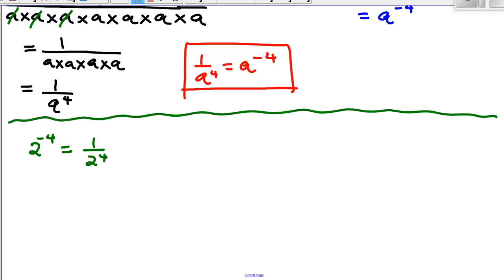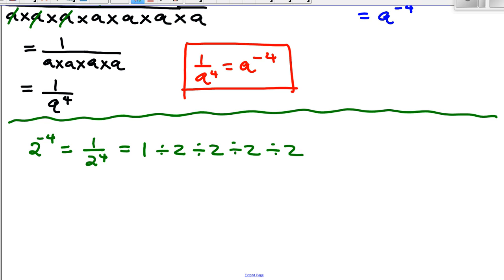And 1 over 2 to the power 4 basically means that I'm going to divide 1 by 2, 4 times. I repeat that again. It means I'm going to divide 1 by 2, 4 times. So I'll end up with 1 divided by 2 divided by 2 divided by 2 divided by 2. So that's the meaning of that.